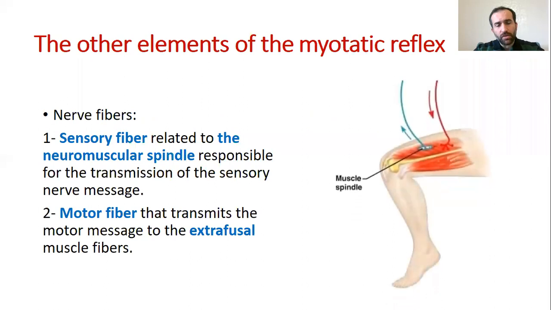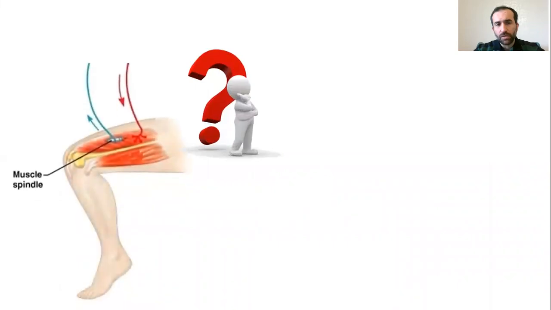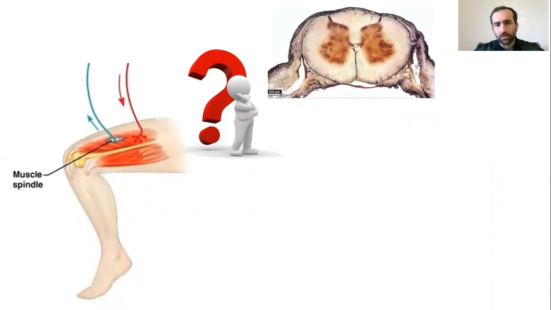And another thing, the other elements of the myotatic reflex are the sensory fibers responsible for transmitting the sensory message, which are related to the sensory receptor, and the motor fibers that are related to the extrafusal muscle fibers. Now, these fibers have to be connected with the spinal cord.